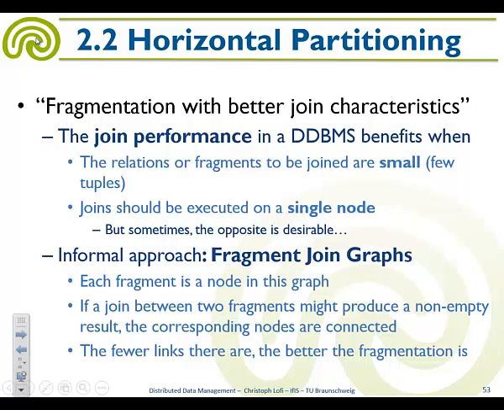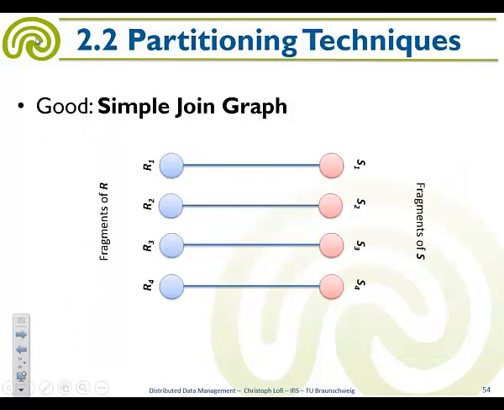So how you could do that is by using a very informal approach. Implementing that requires a little bit of additional effort, but informally it works like that. You build a graph where each fragment is a node. Every time you need a join, you put it into the graph, and then you try to minimize that. So that's, for example, a very good join graph.